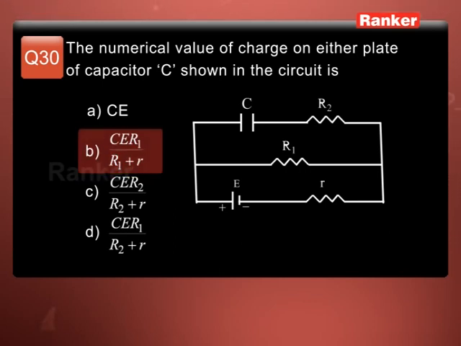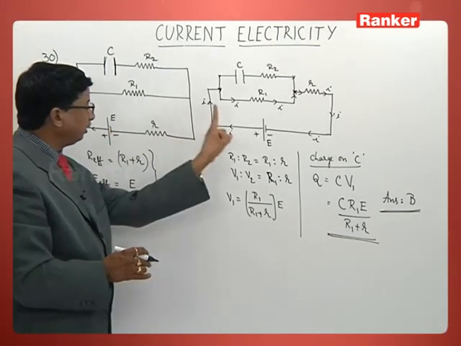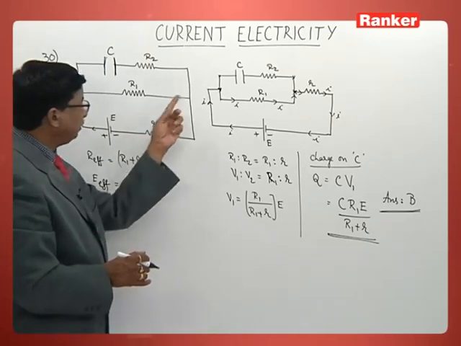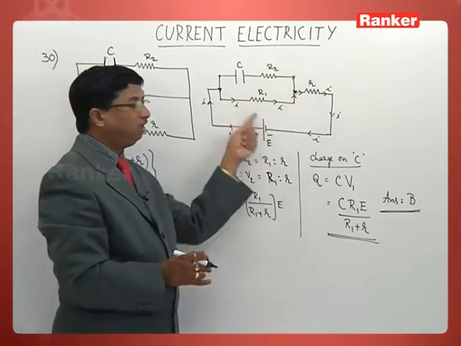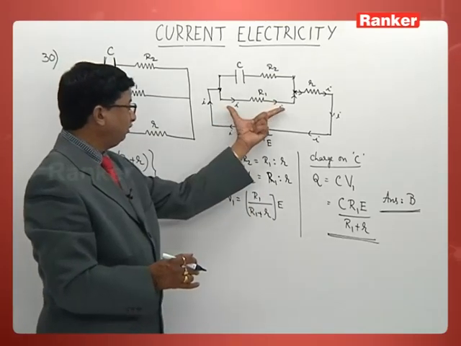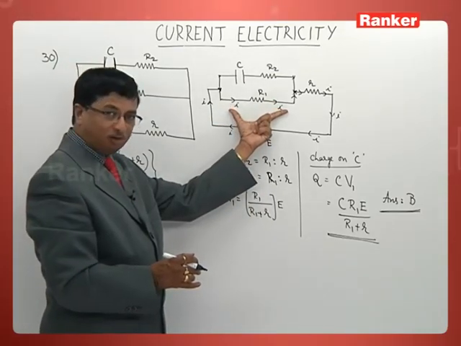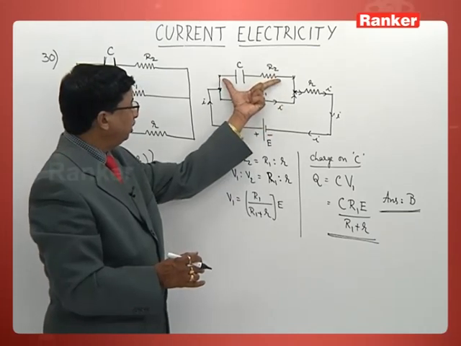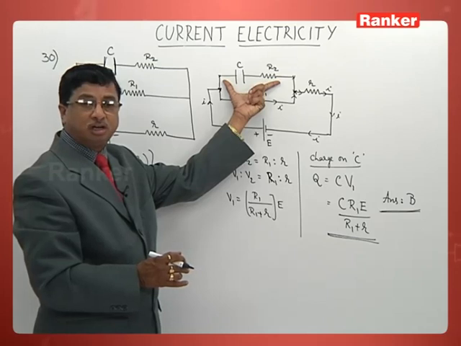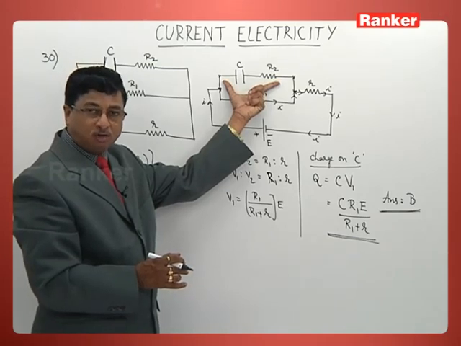So what we should understand from this is that the cell is always connected in series, and the internal resistance will always be in series with the remaining system. Second point, whatever is the potential difference across R1, the same will be the potential difference across the other branch also, because both are connected in parallel to each other.